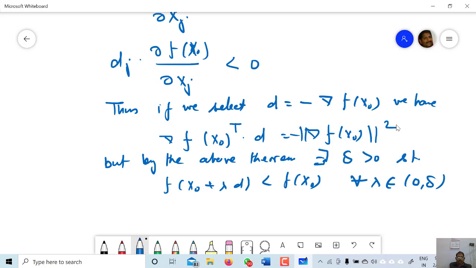So this contradicts the assumption that x0 is a local minimum, okay.